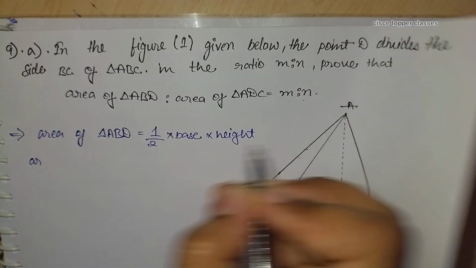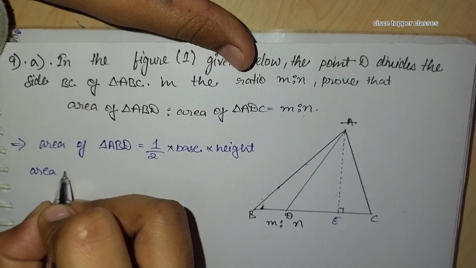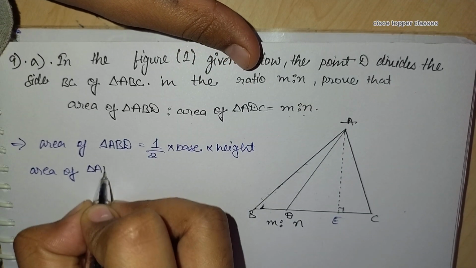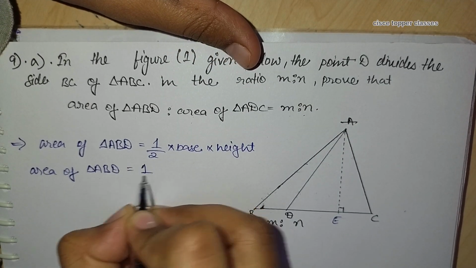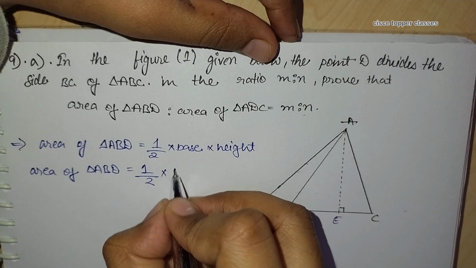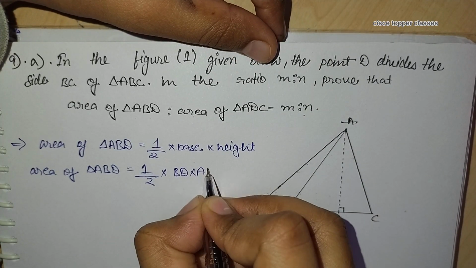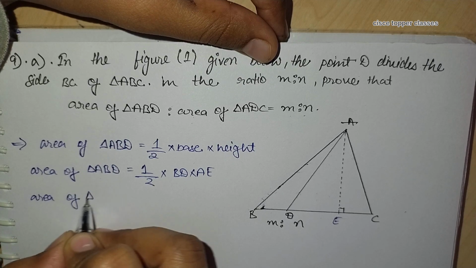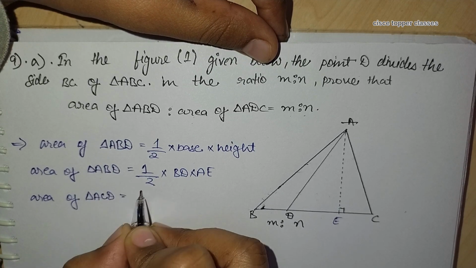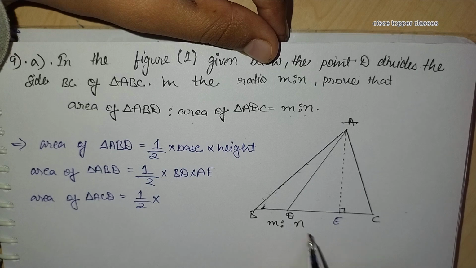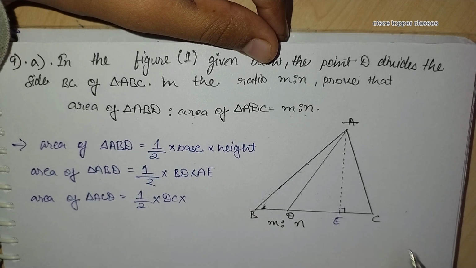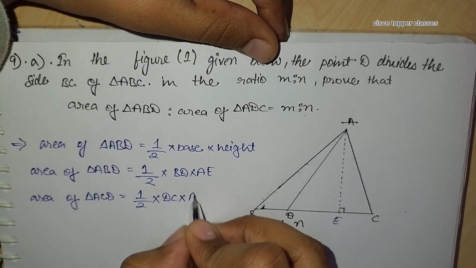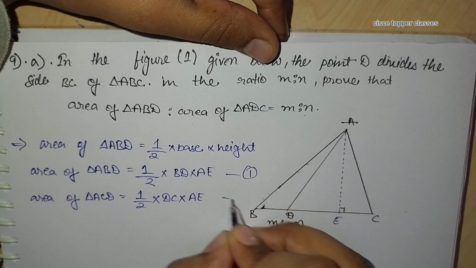So from here we can write that area of triangle ABD is equal to 1 by 2 into BD into AE here, and area of triangle ACD is equal to 1 by 2 into base DC here into AE here. So put it as first and second equation.